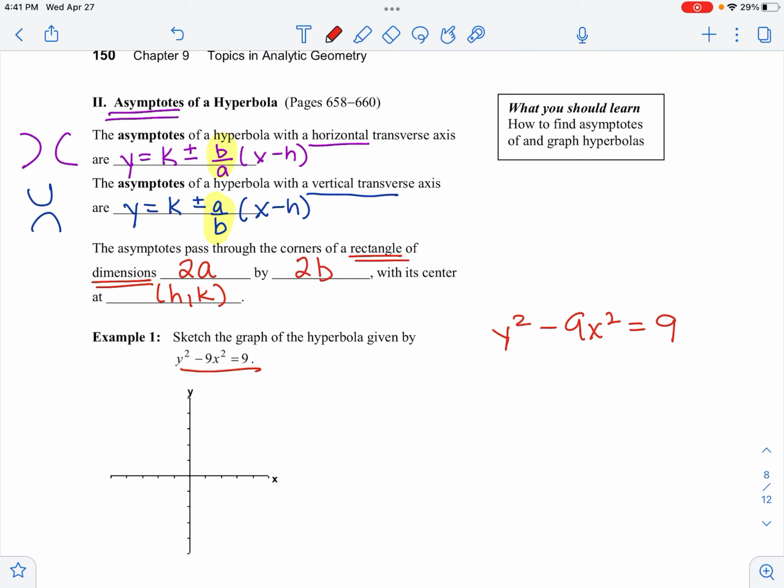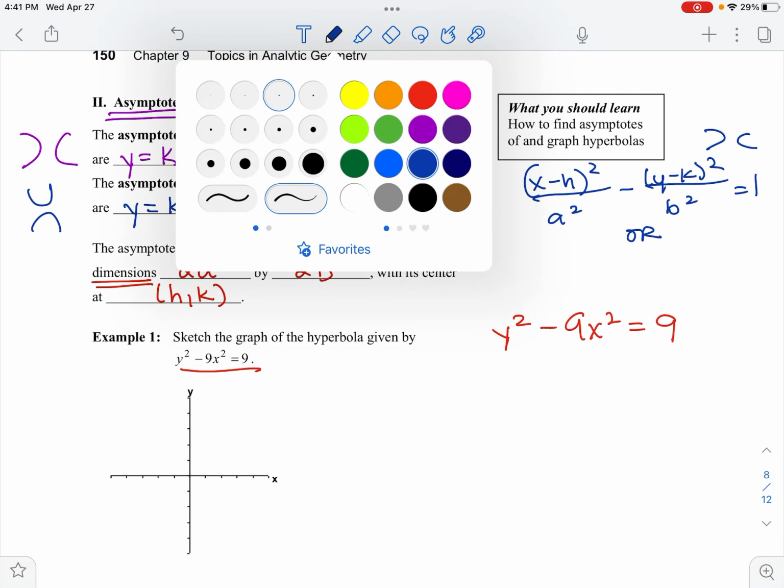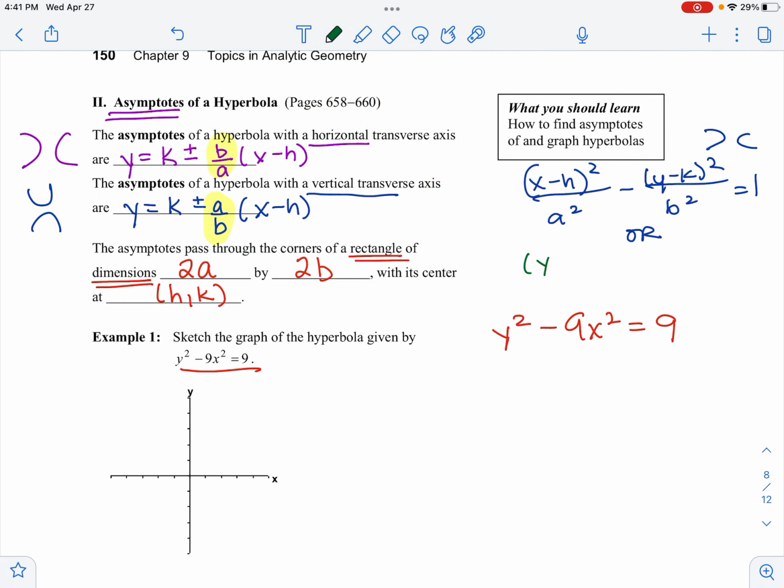So remember that in our general forms of hyperbolas, we have either x minus h squared all over a squared minus y minus k squared all over b squared equals 1, which was our horizontal, or y minus k squared all over a squared minus x minus h squared all over b squared equals 1.